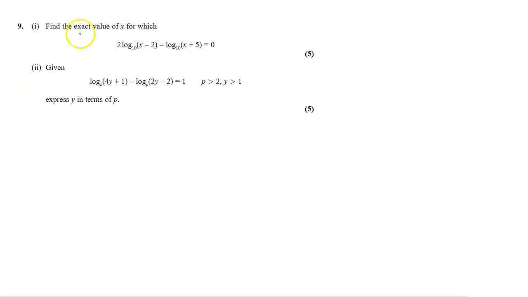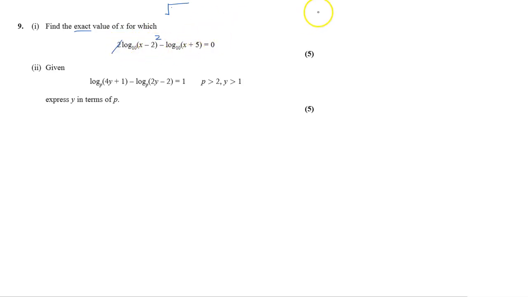Question number 9. Find the exact value. Whenever they say exact value, it means there is a sign of root in the answer. So it means it is going to be a quadratic equation, most probably. Now this is 2 log, so we can write 2 here. We can remove 2 from here.